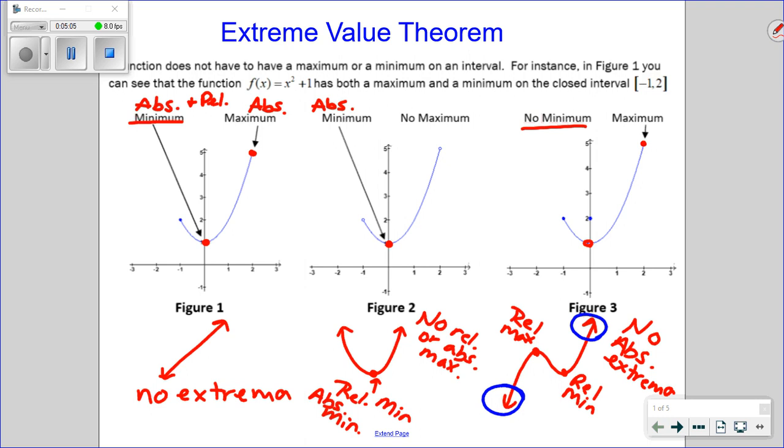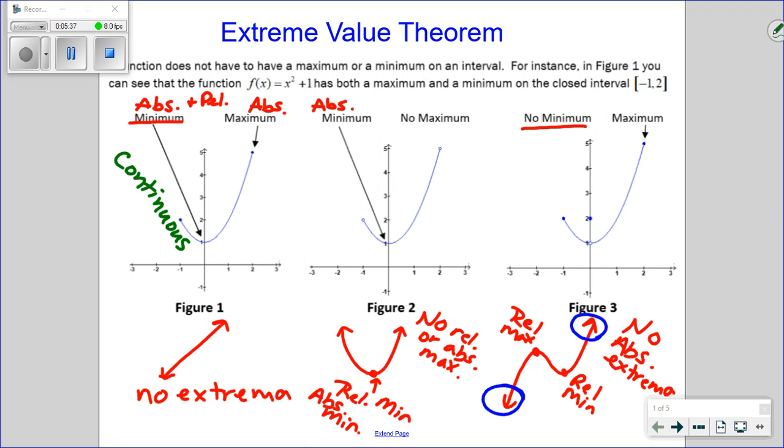So I want you to ask yourself, what do you notice about this graph? Okay? Well, I hope one thing that jumps out at you is, compare it to the other two graphs. What's different about figure 1 compared to figure 2 and figure 3? Well, I hope one thing you're noticing is that in figure 1, the graph is continuous on the interval.